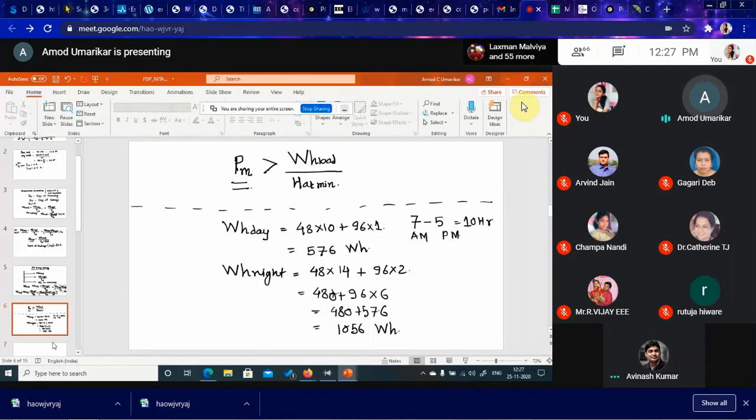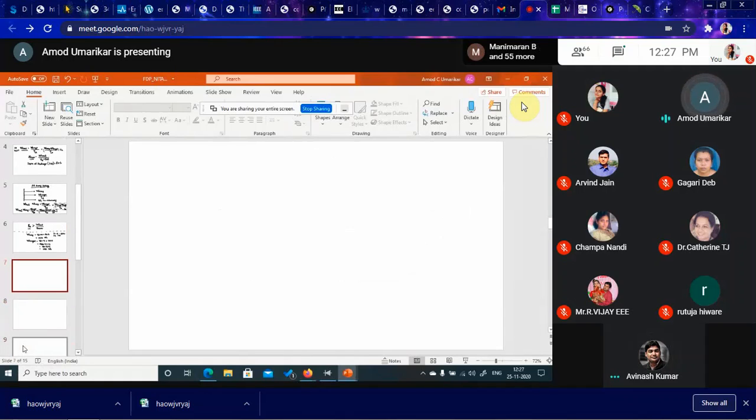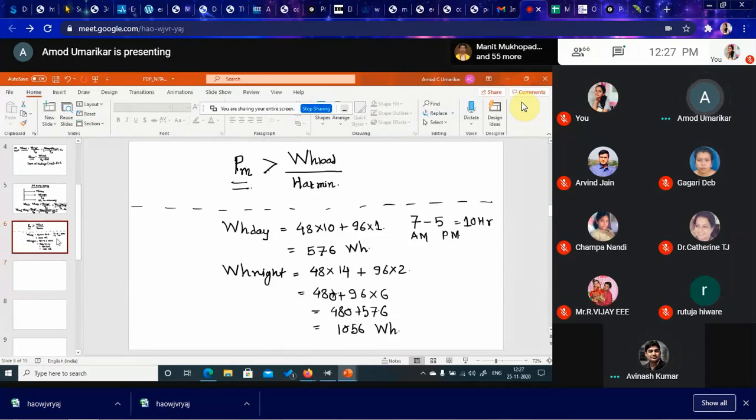Now, we have found out WH day and WH night. Of course, for WH load in the night, we have to also consider battery efficiency. We must always consider the battery efficiency. Let us take battery efficiency as 0.8 for our purpose.